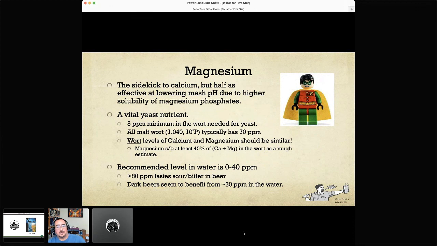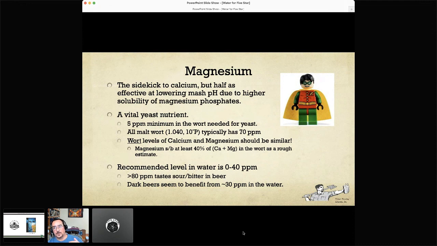Magnesium is the sidekick of calcium. It's half as effective at lowering mash pH due to higher solubility, but it is a very vital yeast nutrient. The yeast typically need a minimum of 5 ppm in the wort for good yeast health and metabolism. And an all malt wort will typically supply about 70 ppm to the wort.